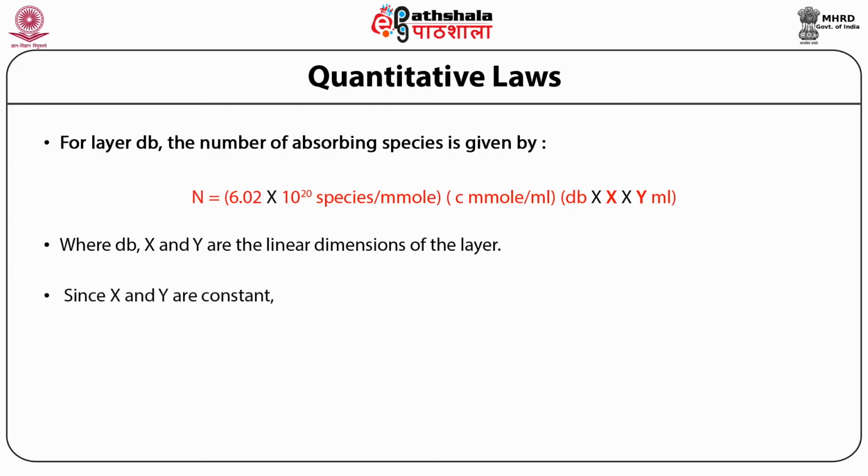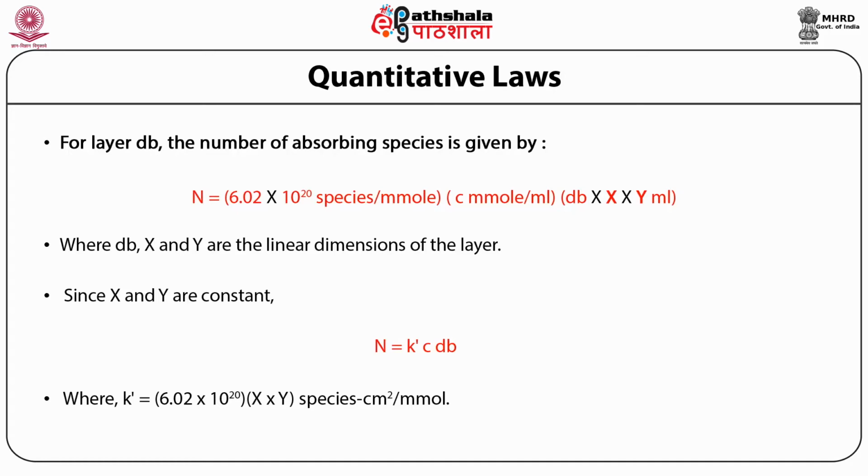Since x and y are constant, the above expression reduces to n = k' C db, where k' = 6.02 × 10^20 × x × y species centimeter square per millimole.